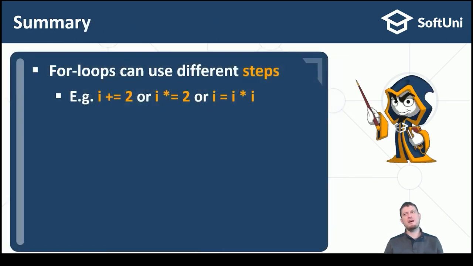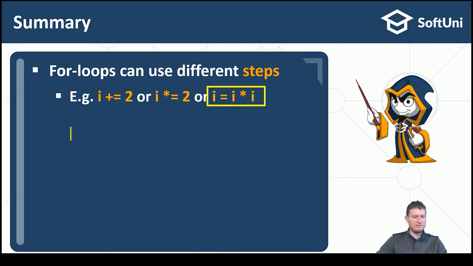Okay, this was the last problem from your exercises and homeworks. So let's summarize what we have learned today in this lesson. We learned that for loops can use different steps, like a step of 2, i plus equal 2, or the step can be that we multiply the current number by 2 and get the next number, or we can even multiply the current number by itself.